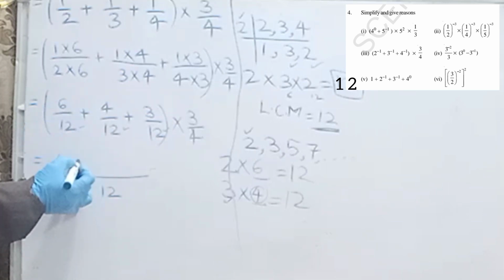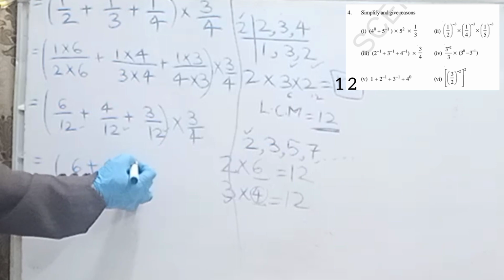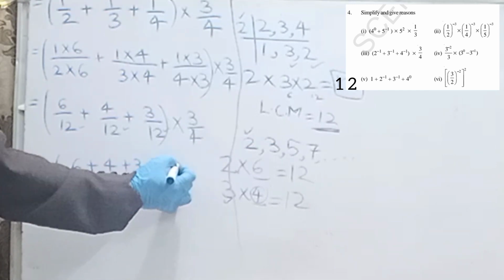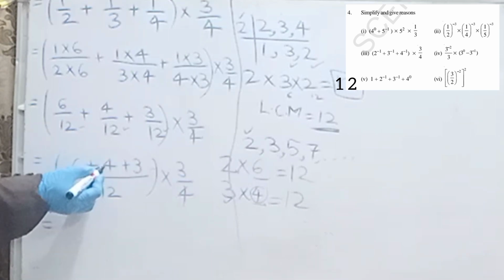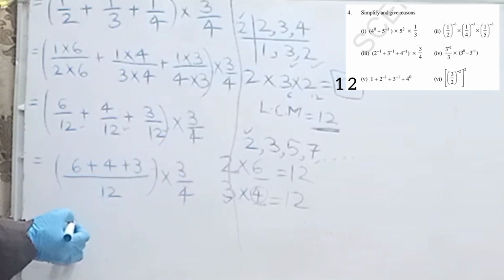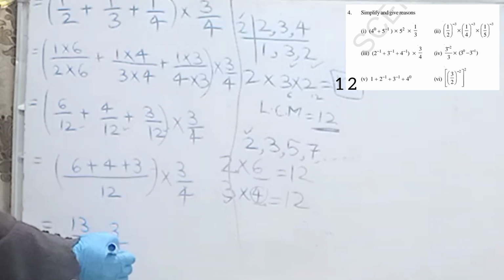Now the numerator should be written above this. 6 plus 4 plus 3, into 3 by 4. 6 plus 4 is 10. 10 plus 3 is 13. So 13 by 12 into 3 by 4.